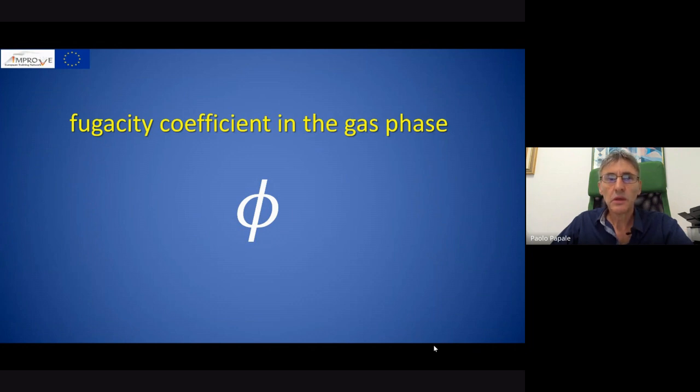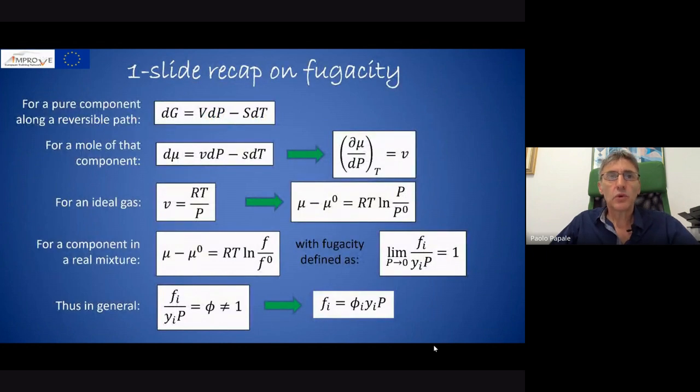Okay, first of all, let's make a recap of the concepts and equations that led us in the previous lessons to the definition of fugacity and fugacity coefficient. They stem, as anything else in this entire training module, from the combination of the first and the second laws of thermodynamics.